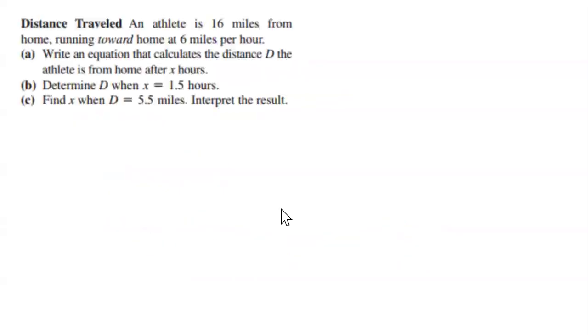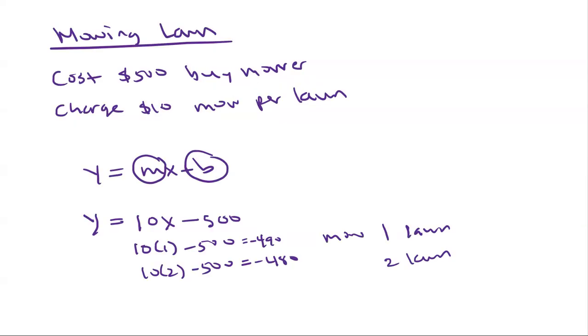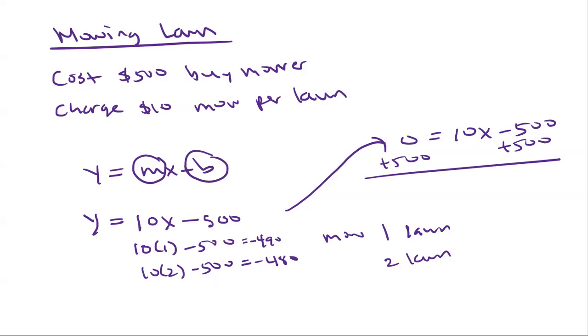Okay, so again, I can easily just take the 500 and divide it by 10. But if I were to write it as an equation, I can just set y equal to 0 and then solve for x. So I can add 500 on both sides, and then the 500 will cancel.